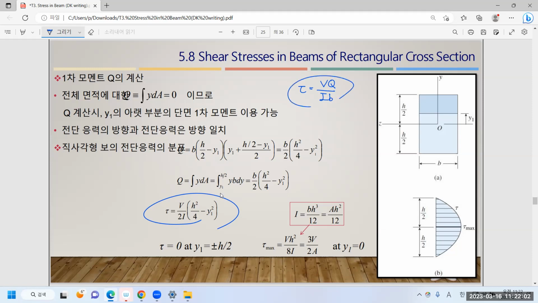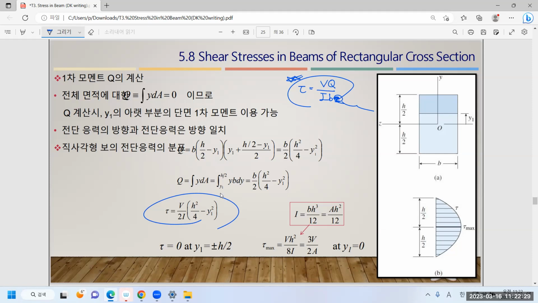So it really depends on the book types. Sometimes they use F instead of V. Sometimes they use J or something different, but you can understand the original meaning of this equation, the physical meaning. Based on this, we can refresh our memory about the calculation of the first moment, isn't it?